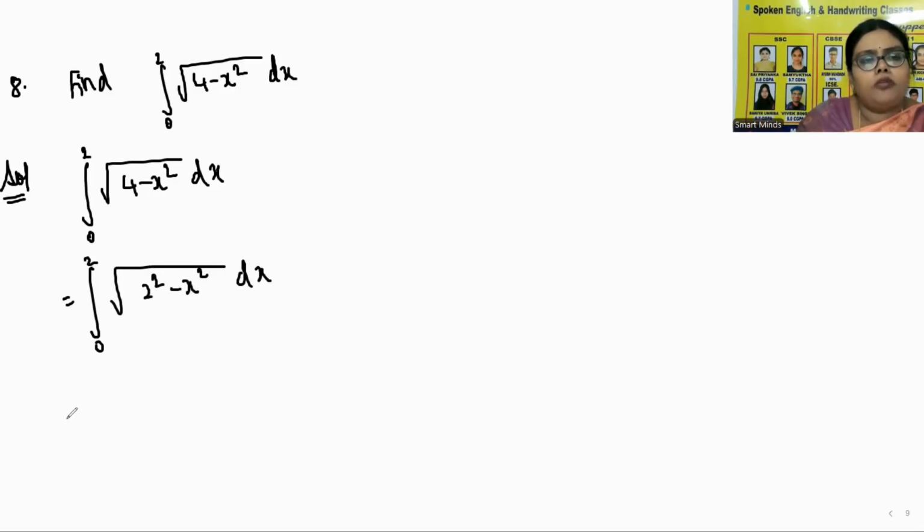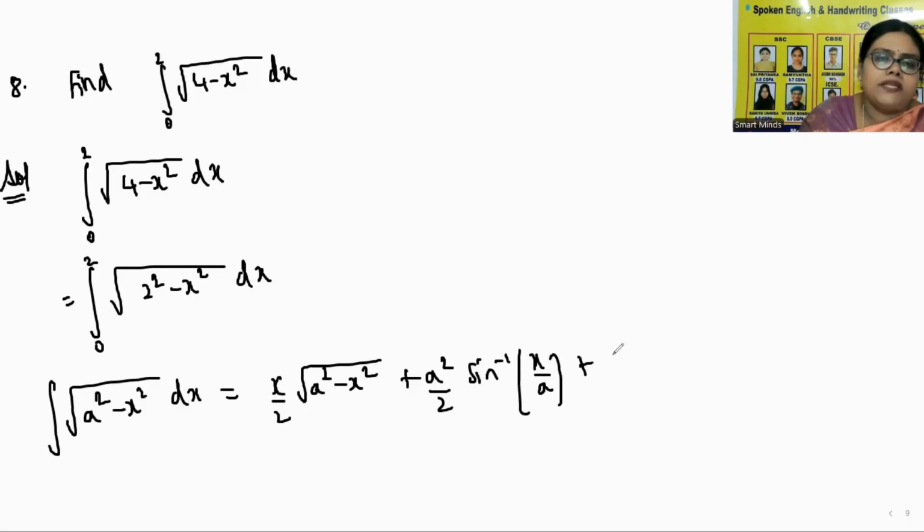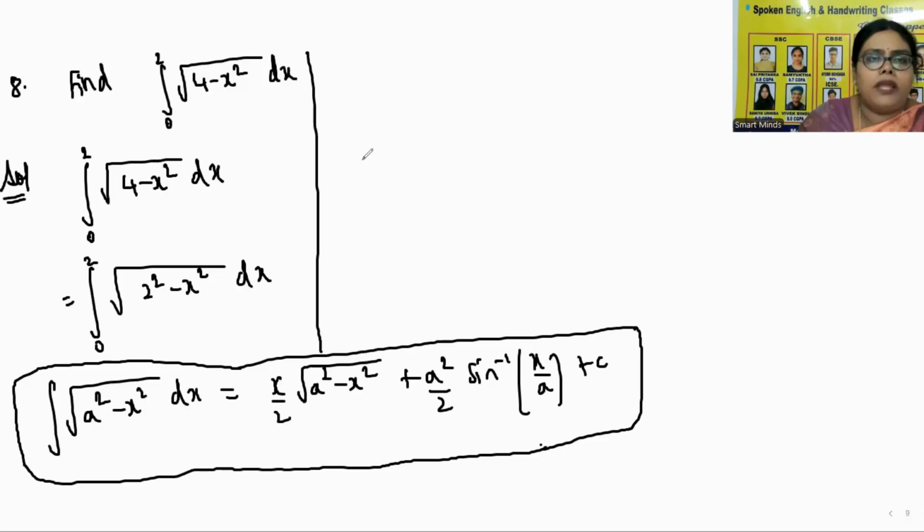Now we have a formula: integral root over a square minus x square dx is equal to x by 2 root over a square minus x square plus a square by 2 sine inverse x by a plus c. This is the formula for root over a square minus x square from integration. Now with limits we have to apply.